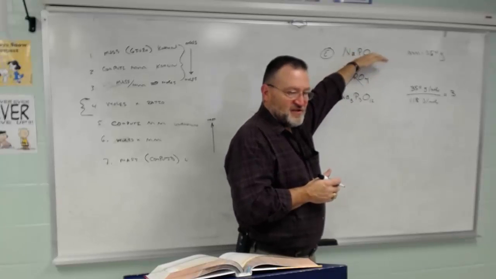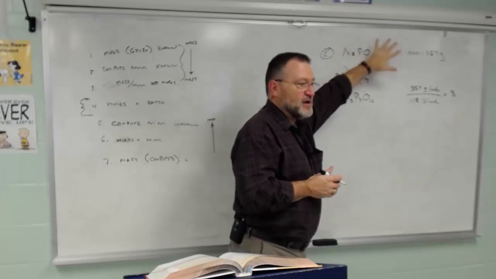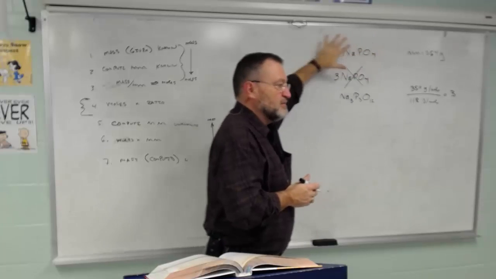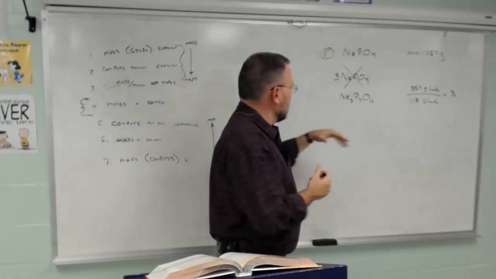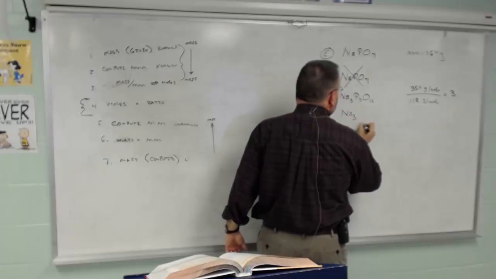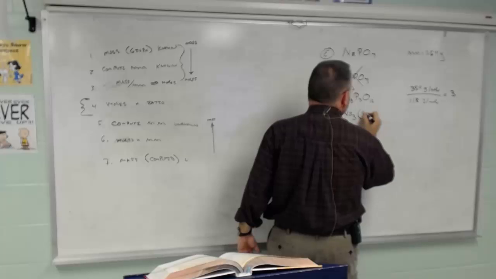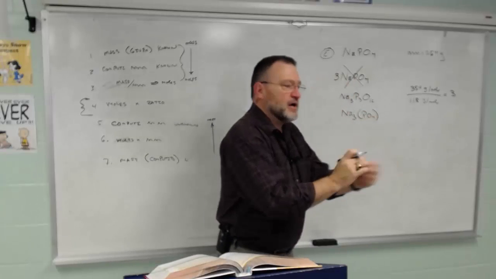Sodium phosphate, it's a PO4 polyatomic ion. It's ionically bonded with the sodium. And so it's okay for me to do it with the Na3, but what's more accurate here would be to keep this as a PO4 polyatomic ion.